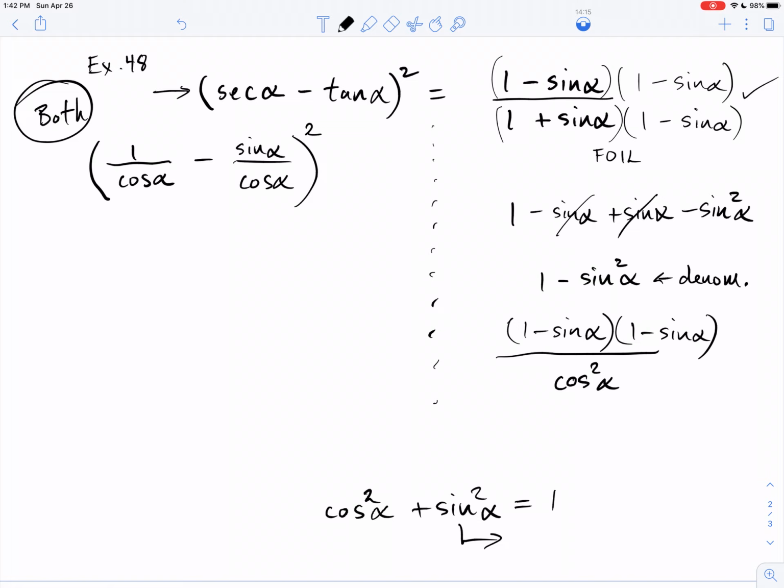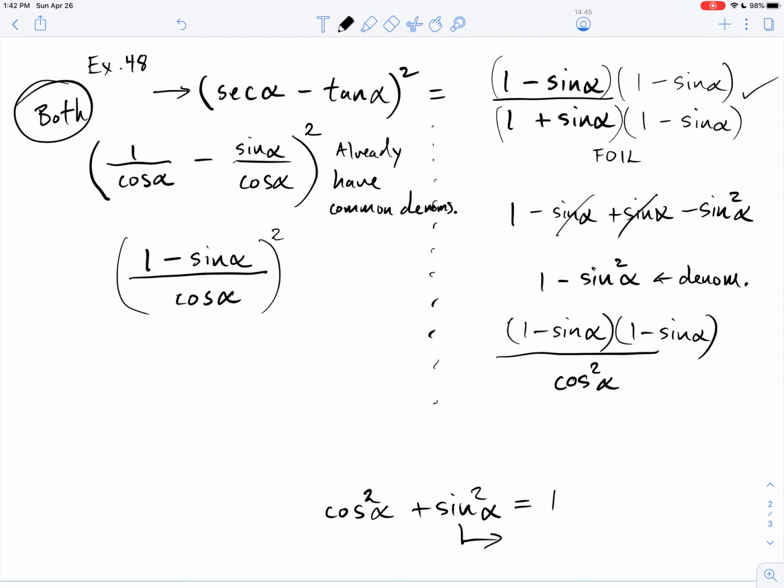Do you notice that they already have common denominators? Put them together. I could say, oh, you already have a common denominator. In the numerator, I could rewrite this like this. Let that sink into your brain for a second. But wait, there's more. This thing is being squared.